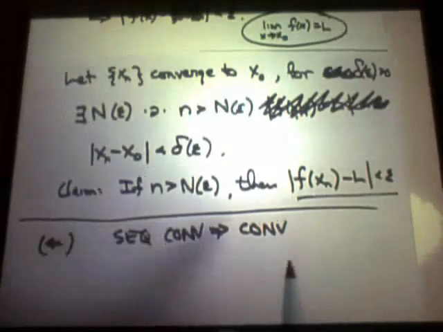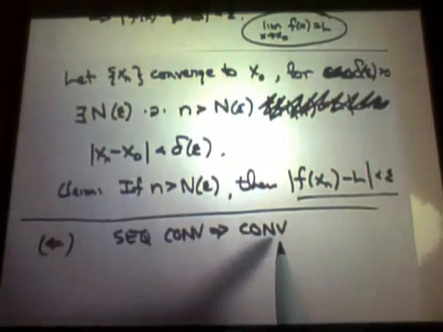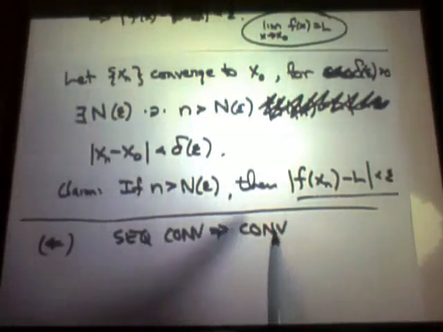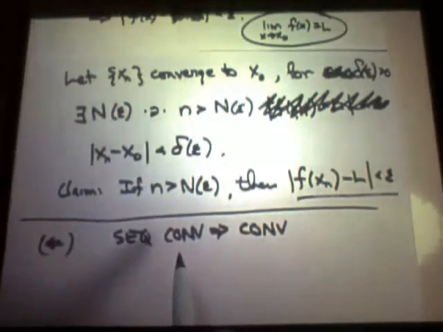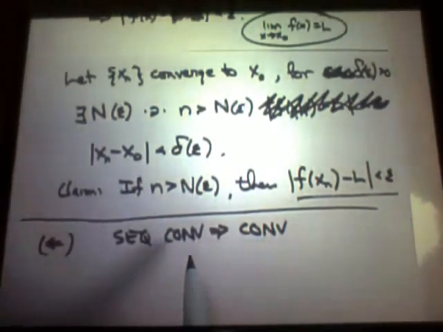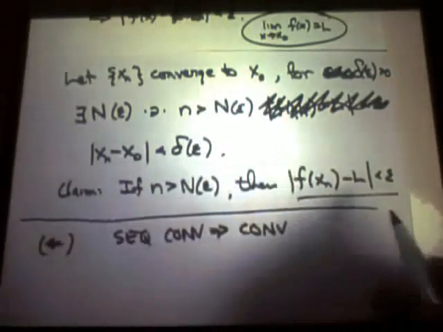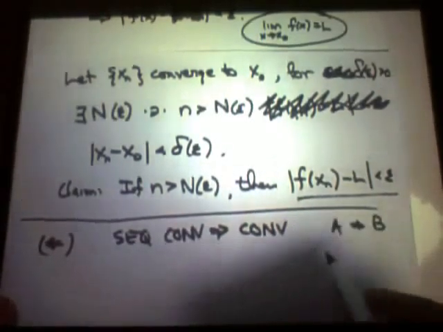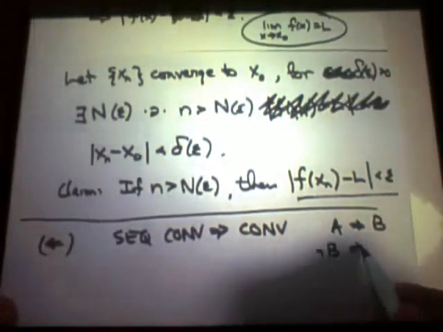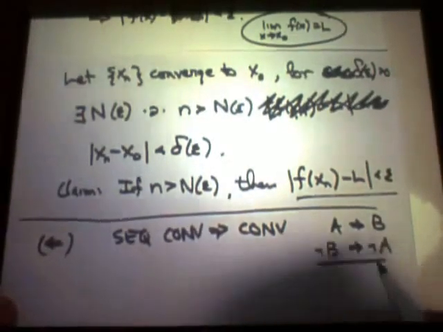So we proved the converse. Now, if we say if it is not convergent, then it is not sequentially convergent, that is the contrapositive. Here's a statement we'd like to show: A implies B. So not B implies not A is the contrapositive, right?